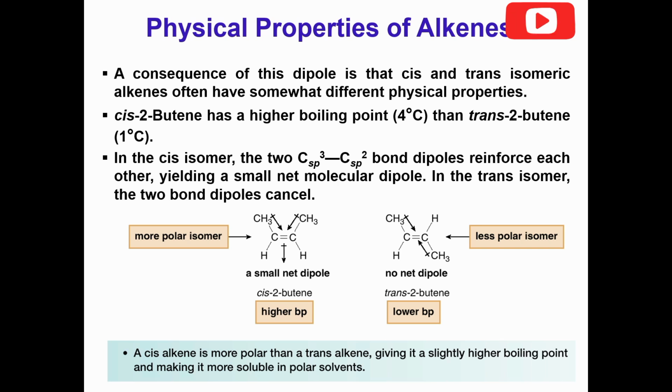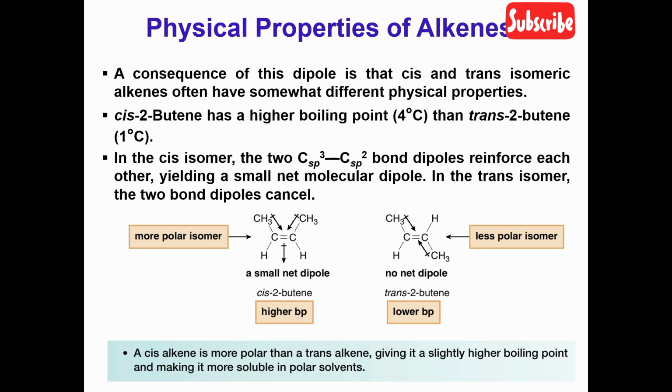In terms of polarity, cis is more polar than trans, meaning that the boiling point of cis is higher than that of trans, because the substituents are on the same side of this compound, which causes dipole reinforcement on each other, and hence increases the net dipole.